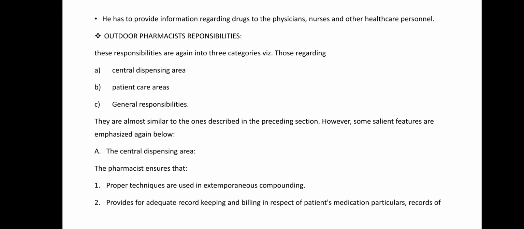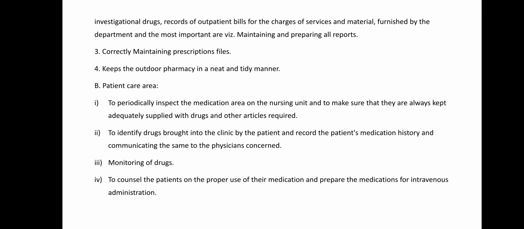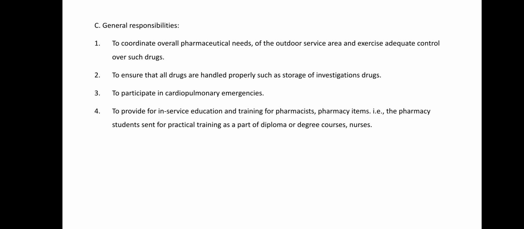This is the central dispensing area where the pharmacist will ensure that proper techniques are used, adequate record keeping and billing, prescription files maintenance, and keeping of the outpatient pharmacy in a neat and tidy manner. Then the patient care area will be there, and lastly the general responsibilities. So these are the responsibilities of the pharmacist.